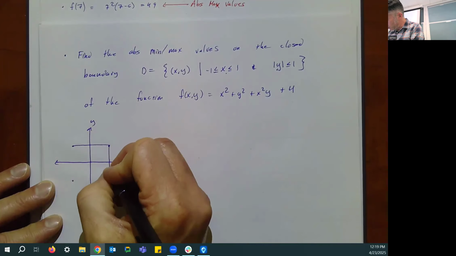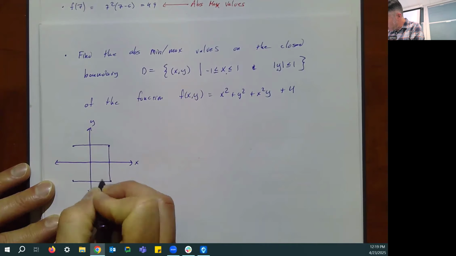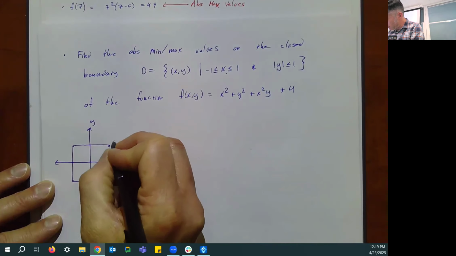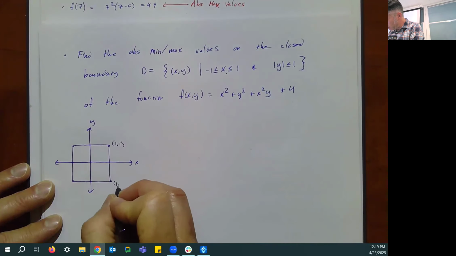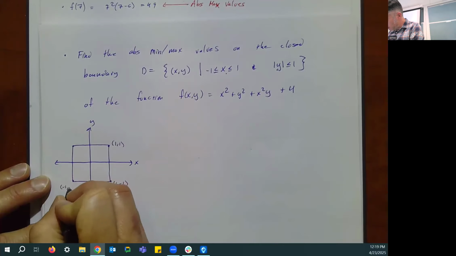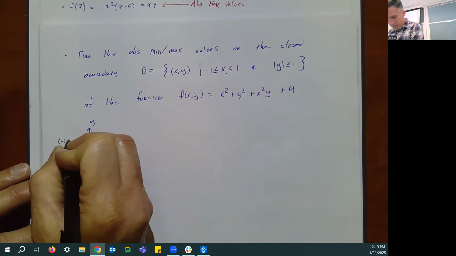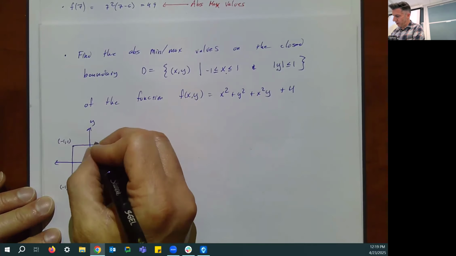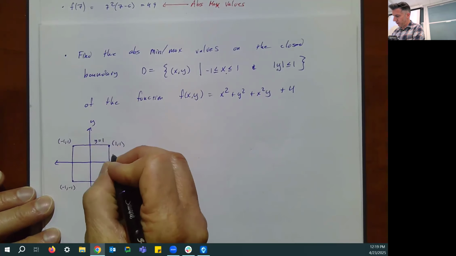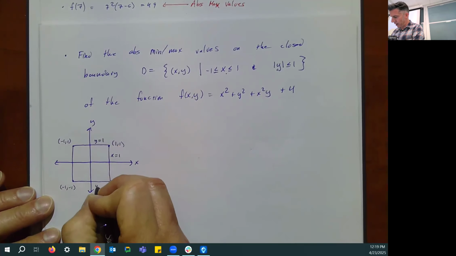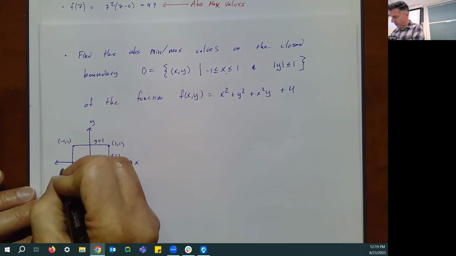It's a 2 by 2 square. And this boundary up here is y equal to 1. This boundary over here is x equal to 1. This is y equal to -1. This is x equal to -1.